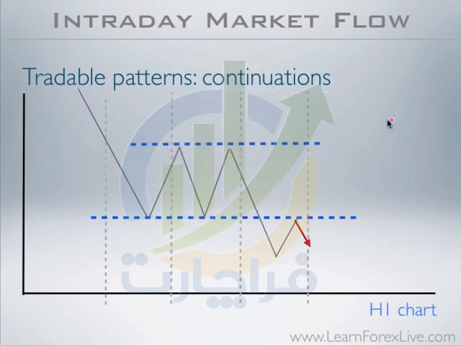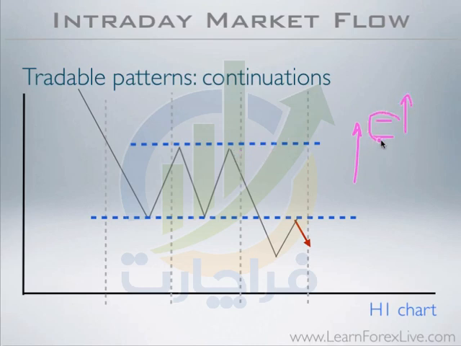You see that? Basically what we have here is a move driving price into a temporary congestion, and eventually what we get is a breakout in the direction of that previous move. Okay, so we have down move, congestion, down move, or up move, congestion, up move, or up breakout.